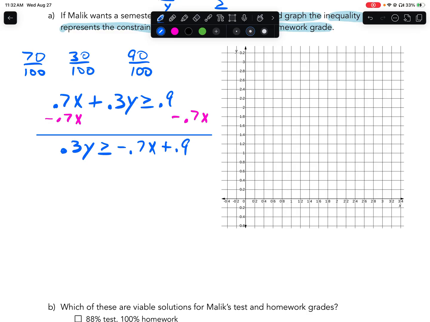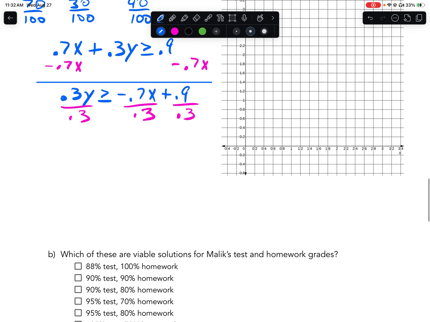And then last step here, I have to divide all three parts by 0.3. When I do that, I get y is greater than or equal to, remember in your calculator, you can do negative 0.7 divided by negative 0.3, math, enter, enter. When you do that, you get negative 2.3x.